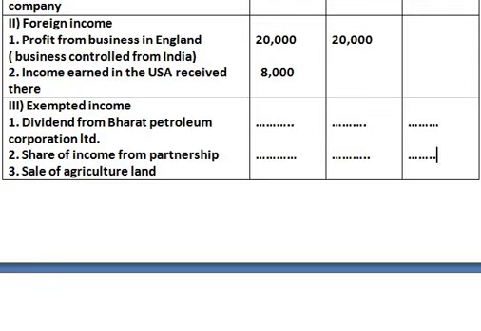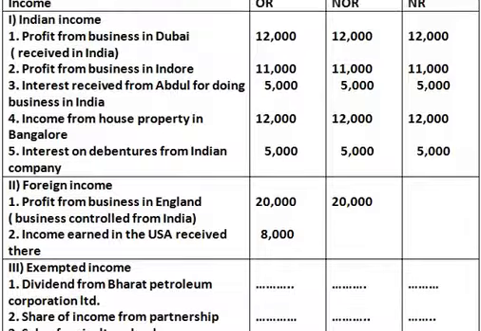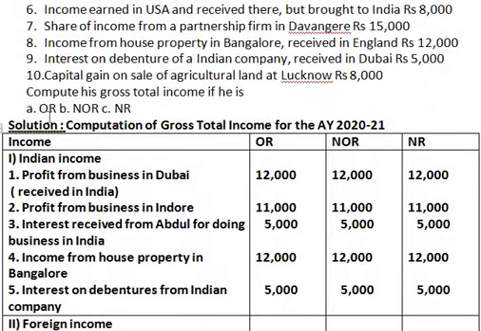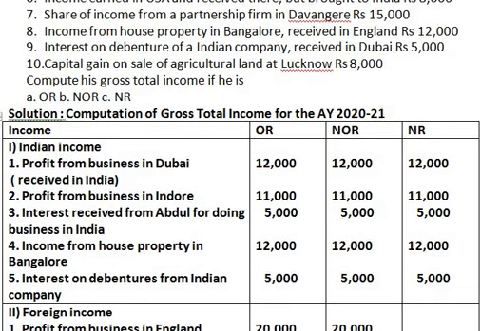Next is sale of agricultural land, that is the 10th one, capital gain on sale of agricultural land. Any agricultural income earned in India, Lucknow is in India, is exempted from tax.